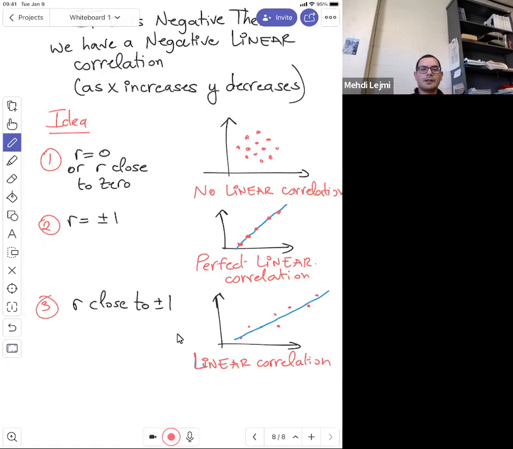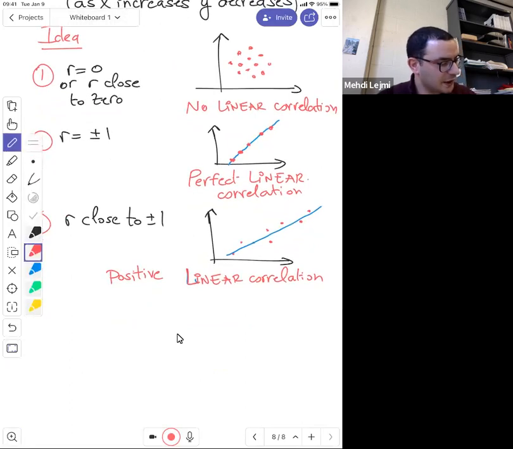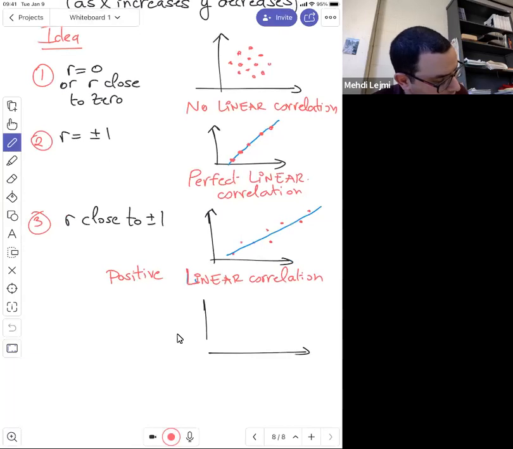Of course, here there are two cases. If R is positive, then this is a positive linear correlation. And there's the other case when R is negative, close to -1. Your data is going to look something like this.